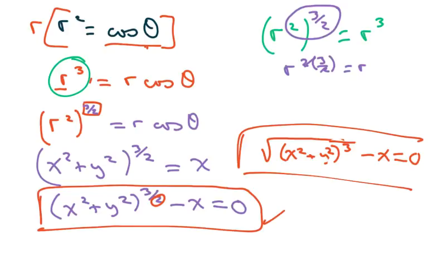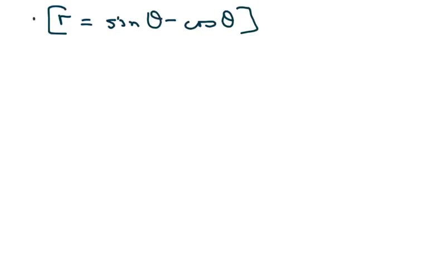All right, the next one we're going to do is r equals sine of theta minus cosine of theta. Again, what I'm going to do is multiply everything through by r. So I get r squared equals r sine of theta minus r cosine of theta.